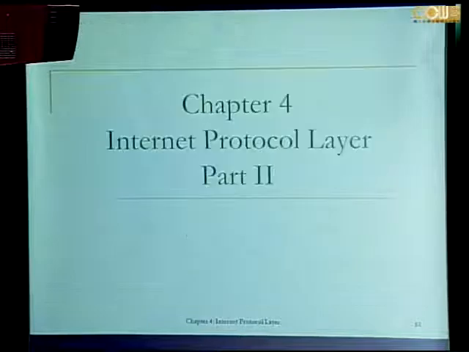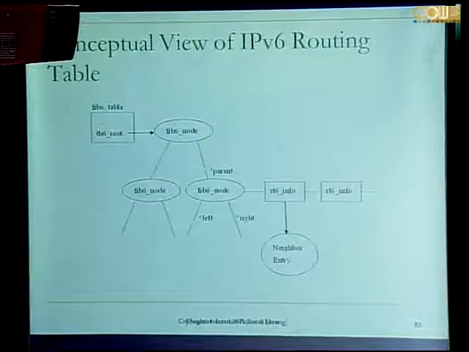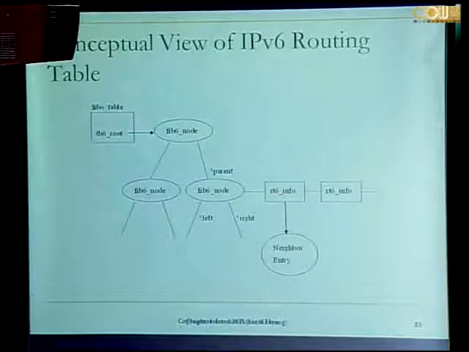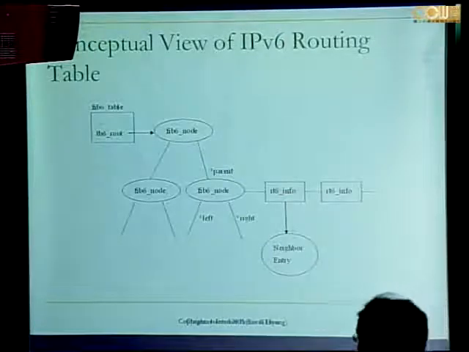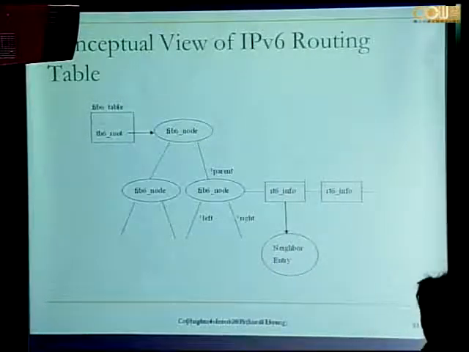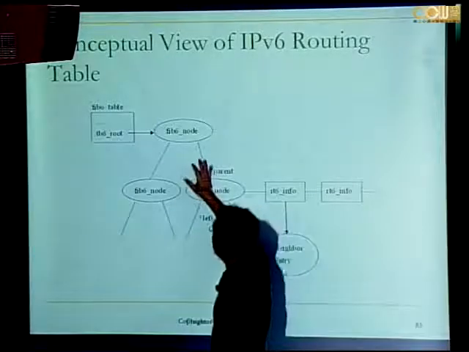Okay, we have an open source implementation of IPv6. It implements the routing table as a tree. The table is organized through a tree, not a hash table anymore.